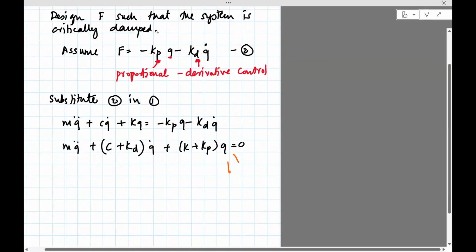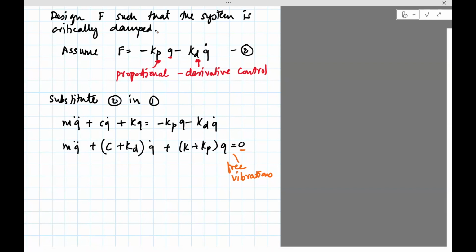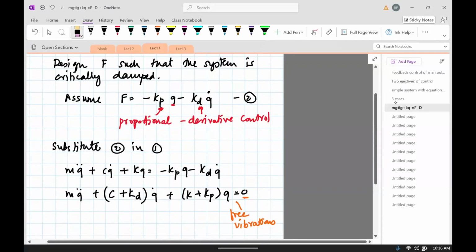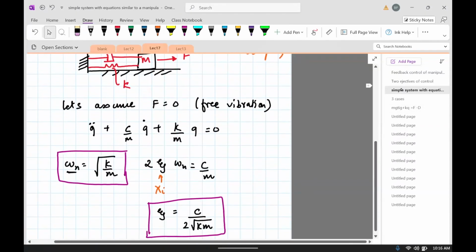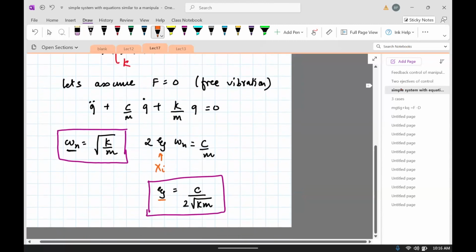Now this looks like a very similar system to the free vibration system. There's no force because we've eliminated it. Now if you want this to be critically damped, we know the condition. For it to be critically damped, you want to ensure that psi equals 1, which means C should be equal to 2 square root km.